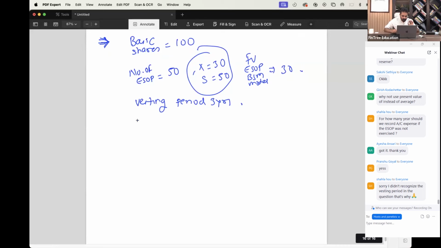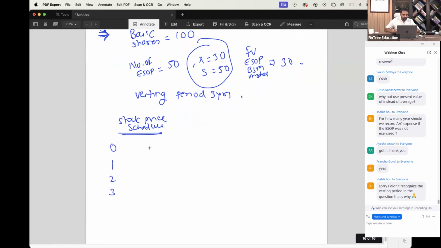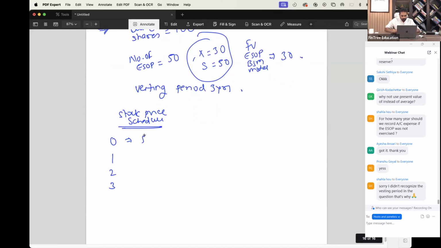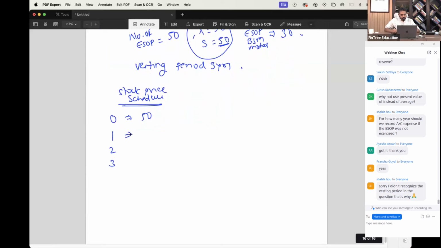Now here's a super interesting thing. Stock price schedule: time 0, time 1, time 2, time 3. The stock price is at 50 at time 0, which is consistent with this. In year 1, we will assume 2 scenarios just for practice: the stock price becomes 200 versus the stock price becomes 10 rupees, just so that we learn something out of it.